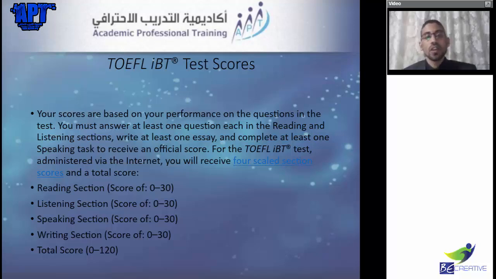The scores now are 120, divided equally between the 4 sections: reading, listening, writing, and speaking. So each one has 30 marks. Some organizations ask for a specific score for each section, and some want the score for the whole set.